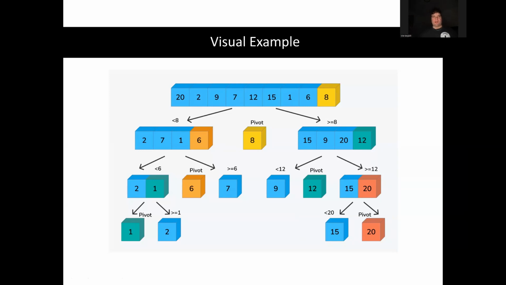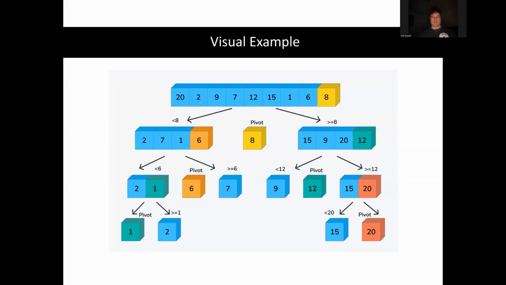But the cool thing about this is, once we get to this point, we do not have to go all the way back up to the top, meaning the divide and conquer part. Once this is done, it's already sorted, and we can just return these values right here, which is really cool, actually.